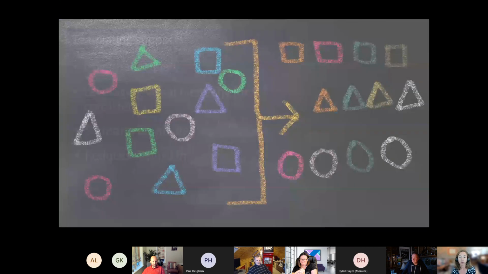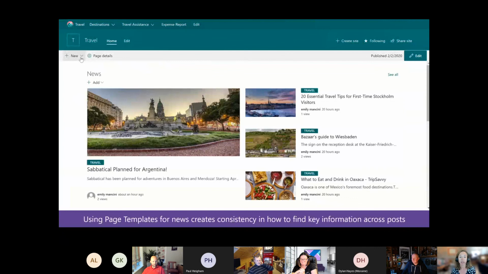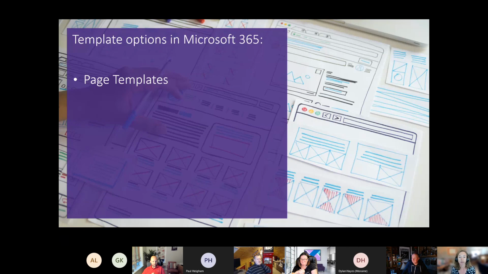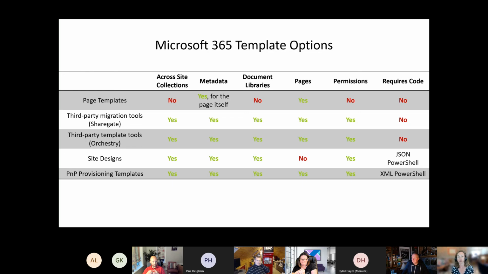So when it comes to templating, the one thing that I've mapped out that I've found to be really useful in conversations with our clients is which of the different options do what. Being able to figure out which scale, and this is again a maturity level conversation, where do we have something consistent in how we're sharing news across all of the organization, or is it just one department?